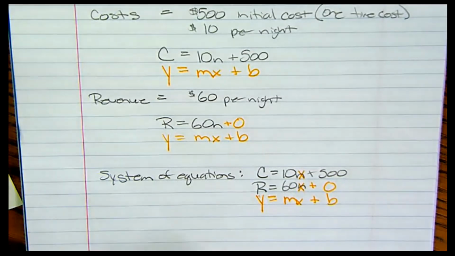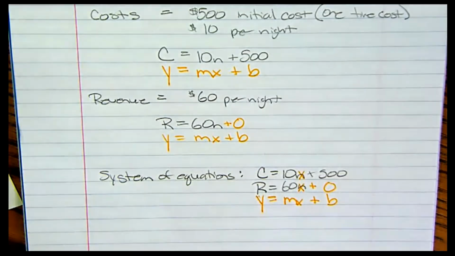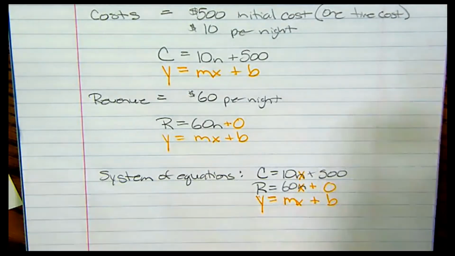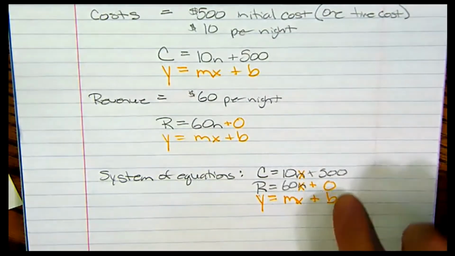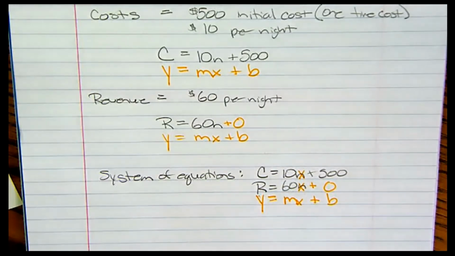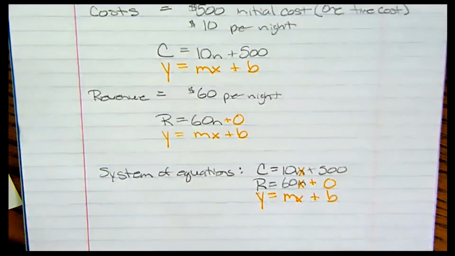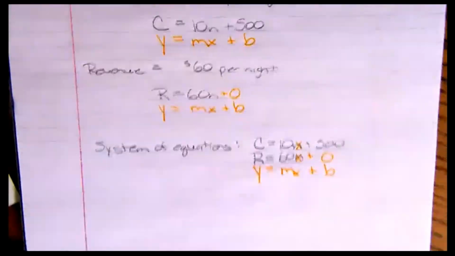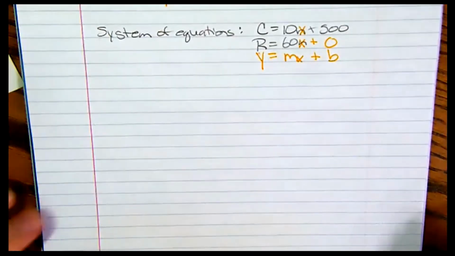This is not a practical system of equations to solve by graphing because my y-intercepts are 0 and 500. That's such a huge gap. So what I can do, I can set up a table.